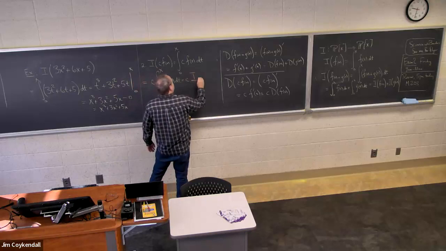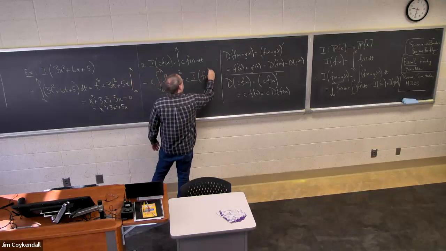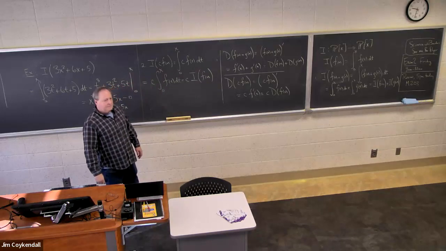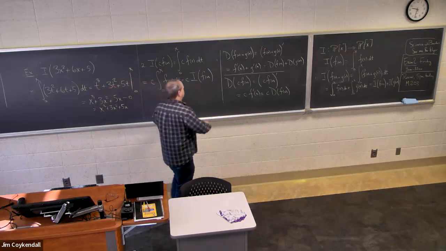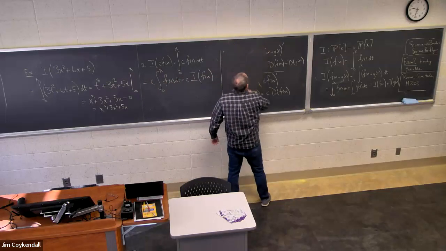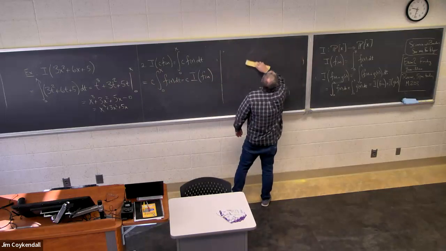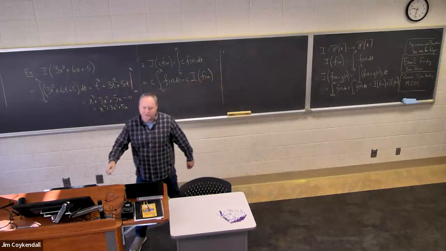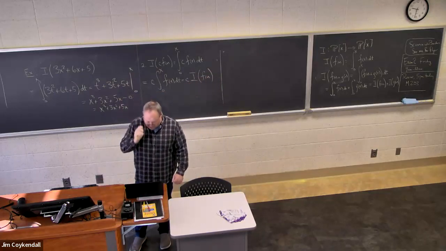So this is stated. So there we go. It's a linear transformation. Okay, so I have demonstrated that both D and I are linear transformations from P of x to P of x.